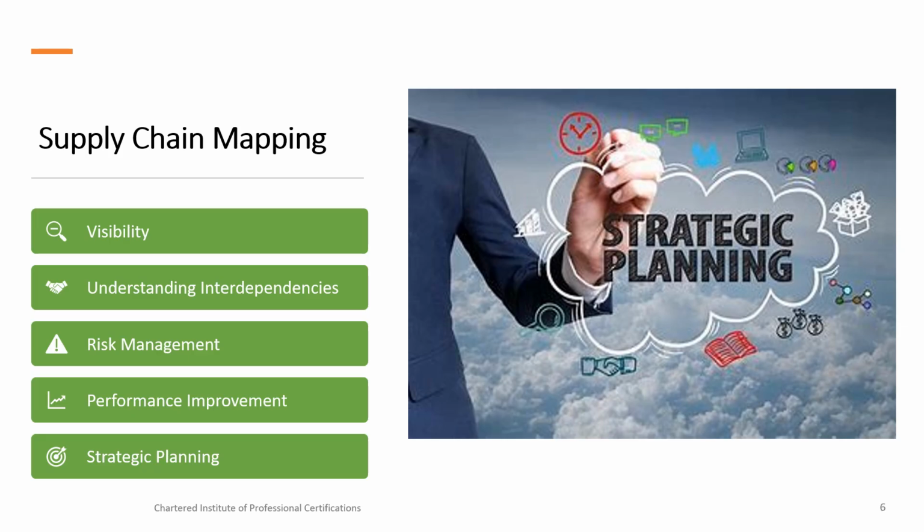It is also crucial to understand interdependencies. A supply chain map helps to understand the interdependencies between different parts of the supply chain. This understanding is crucial for making informed decisions about where to invest in improvements and how changes in one area might impact others.